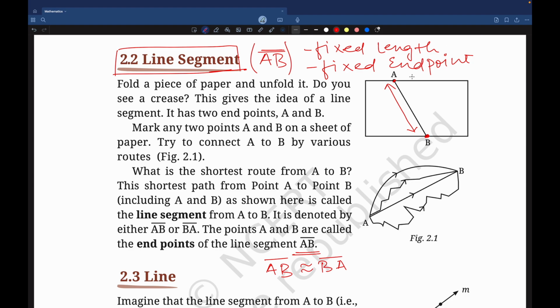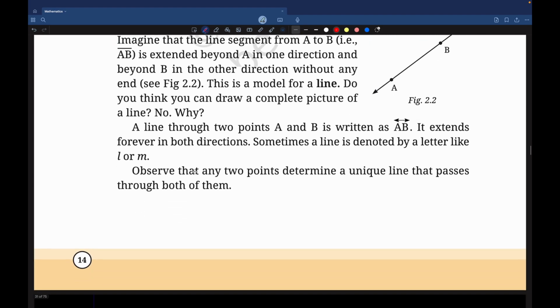Let's note down some points about line segment. Line segment is denoted by A, B and a bar above it.